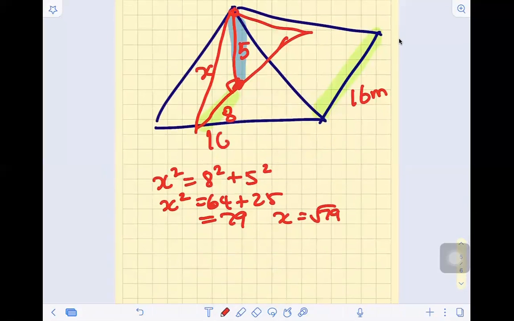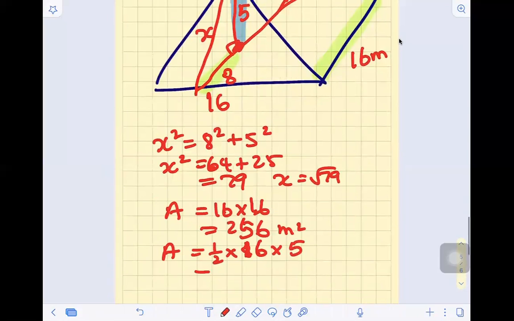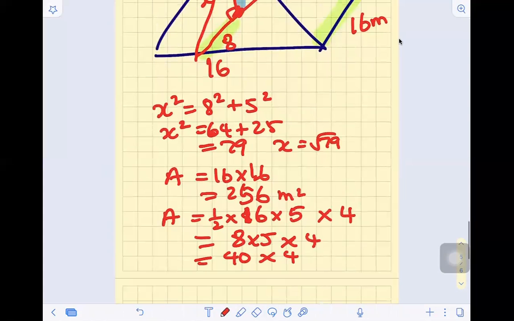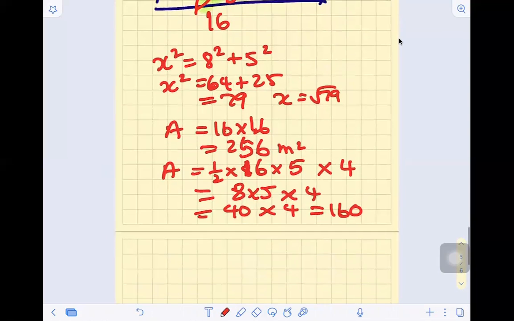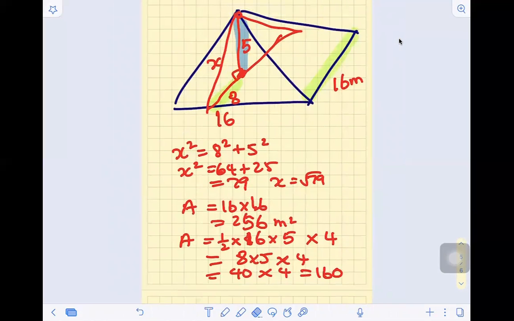So if these are each 16, the area of the bottom would be 16 times 16, which is 256 meters squared. And the triangles are a half times 16 times 5. A half of 16 is 8, times 5 is 40, but we have 4 of those triangles, which is 160. So it's going to be, oh, sorry, was that the height? No, the height's not 5.